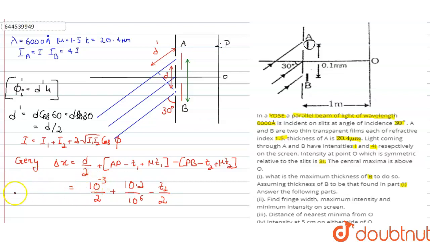So this is what we get after solving this. We can write the value of d as 10 to the power minus 3, which is given here, 0.1 mm. Sorry, this will be 10 to the power minus 4. So further we will do things as follows.